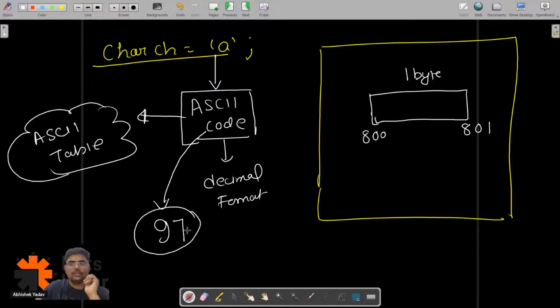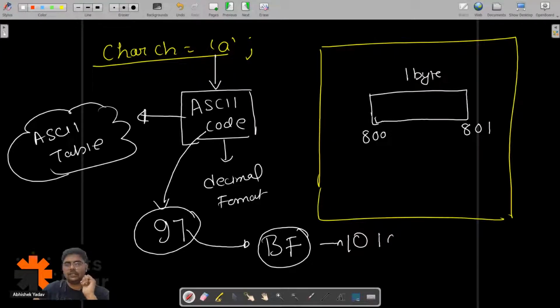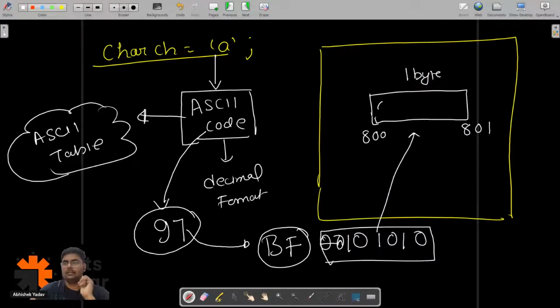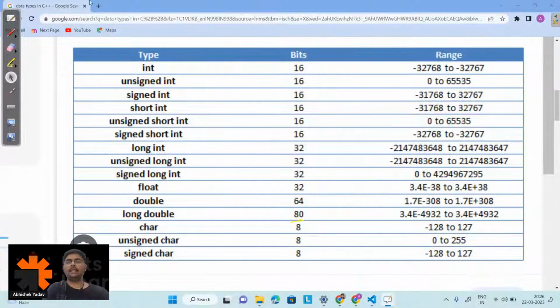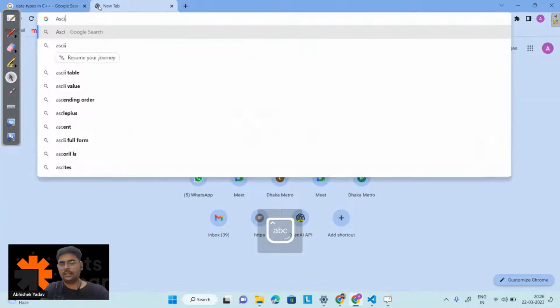This decimal format data will get converted to binary format data, that is, in 0 and 1 format, and this data will get stored inside the computer memory, like this, right, everyone? So let's see what this ASCII table is also. So here, the ASCII table, right?